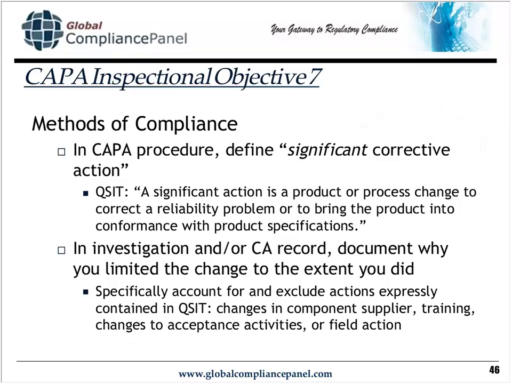What you want to account for, and of course exclude to explain why you limited your change, are those actions that are explicitly contained in the QSIT: component supplier, training, acceptance activities, or field action. So make sure on your corrective action record or your investigation, why did you limit the change to the extent you did?